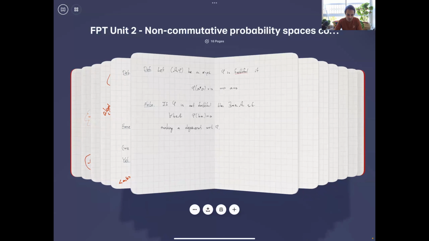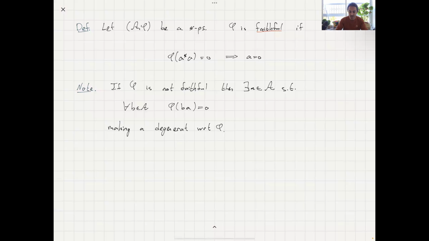And in fact, we are usually going to exclude the fact that phi has this annoying property. So if phi is a star probability space, then you are going to say that phi is faithful, not sure what's the origin of the name, if whenever phi of A star A is zero, remember it's always real and at least zero, right? But whenever it's zero, it implies that A is zero, right?